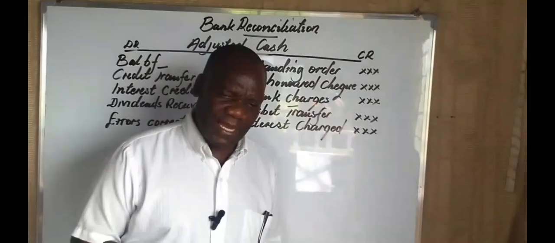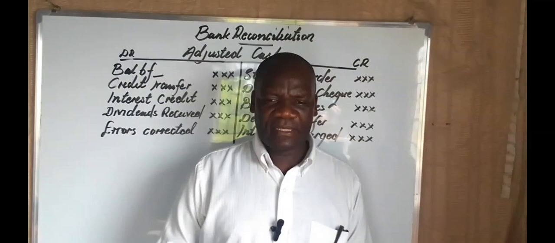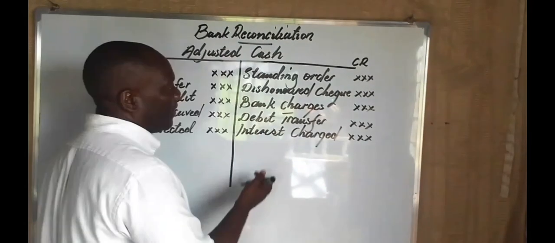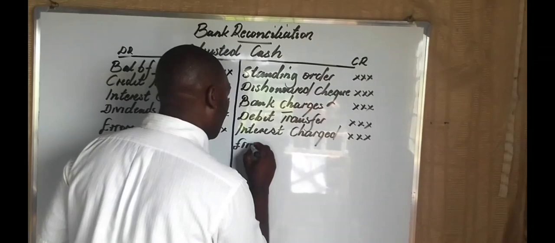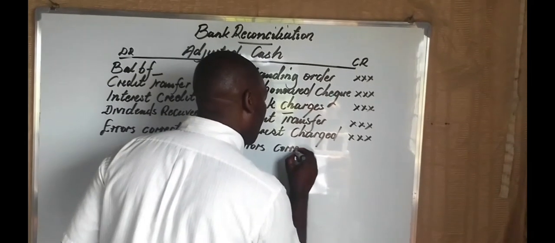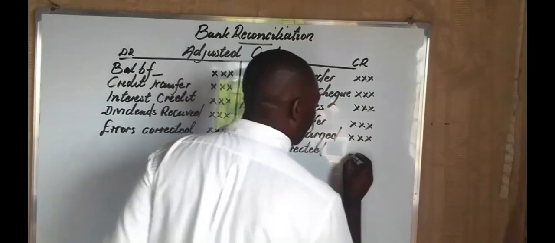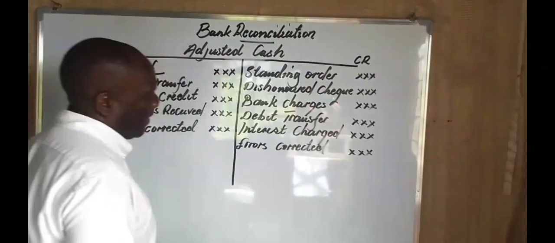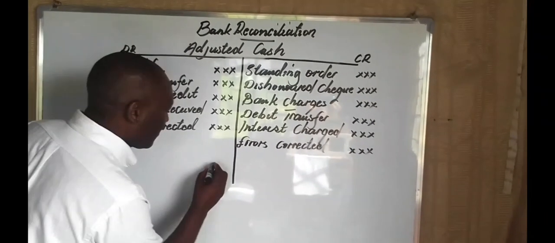The other one, which could be the last one now, are the errors corrected as well. In case you had errors on the credit side, errors corrected will also come here. Okay. This is your amount. Alright, so what you do now, as usual, you need to balance the cash book.